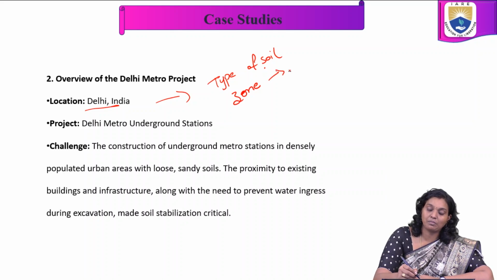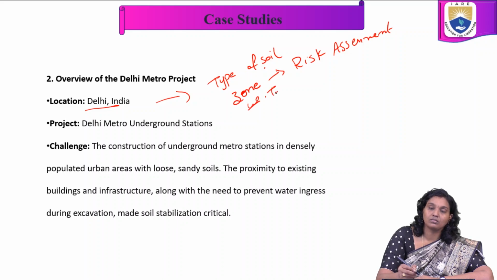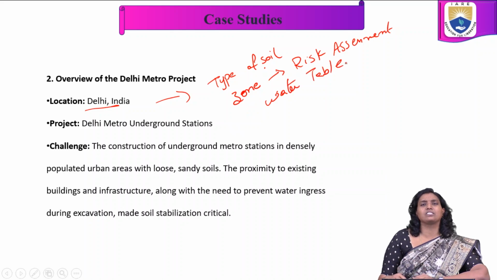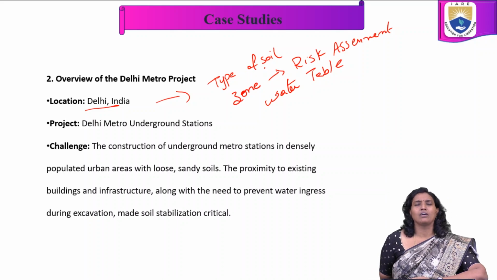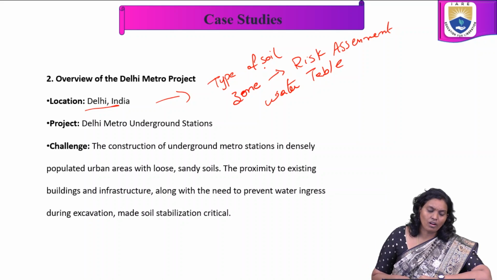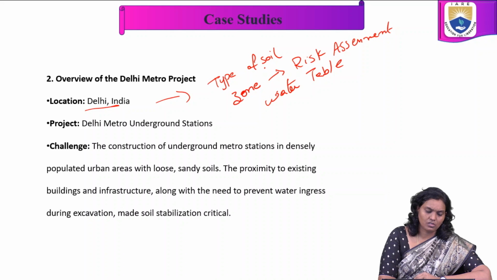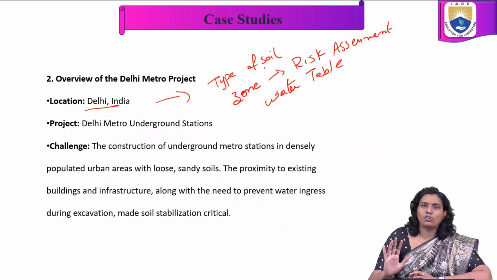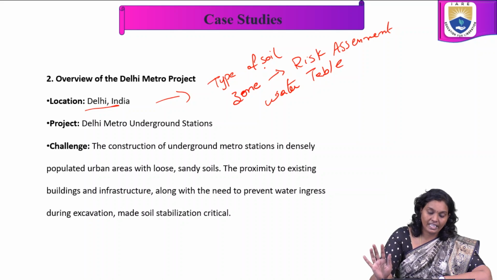So we do risk assessments based on these, and also consider the water table, how much depth the water table is available at. These are all the parameters involved in this particular location. We have to understand how the location is involved in these conditions, and based on this, what kind of material is involved.